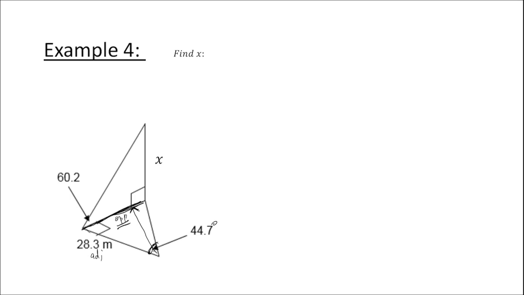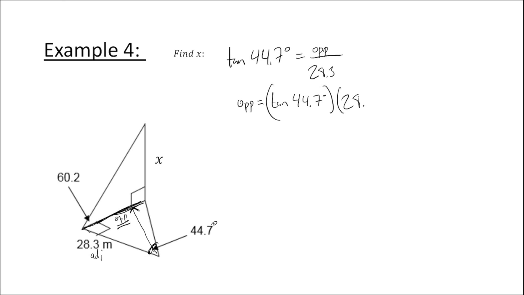Let's find the opposite. So tan of 44.7 degrees equals opposite over adjacent, which is 28.3. So then the opposite is just going to equal 28.3 times tan of 44.7 degrees. We usually put the number in the front, but if not, we'll just surround it by brackets so it's clear.